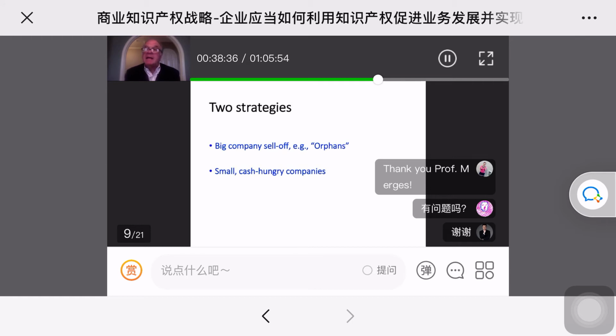Big companies are involved in many different research operations. They're involved in developing many potential products. Not all the products work out. Sometimes management changes its mind. Sometimes new managers come in and they say, this old project that you're pursuing, we don't think it's any good.